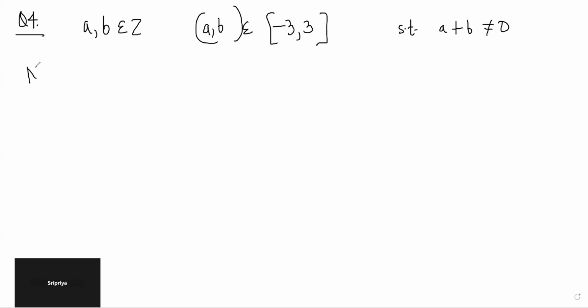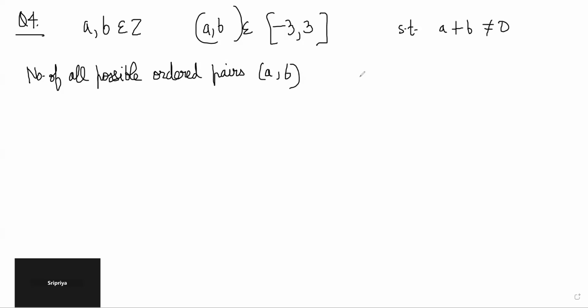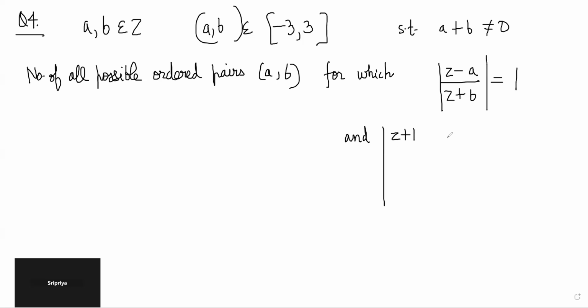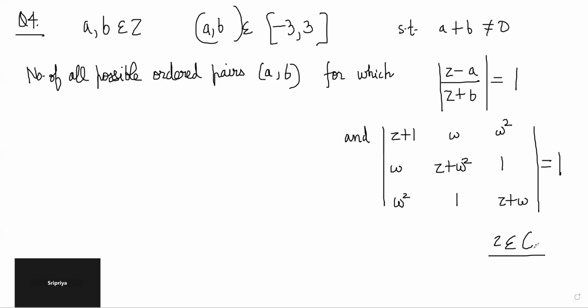Number of all possible ordered pairs (a, b) for which |z minus a| / |z plus b| is equal to 1, and the determinant with rows (z plus 1, omega, omega square), (omega, z plus omega square, 1), (omega square, 1, z plus omega) is 1, where z belongs to complex numbers.